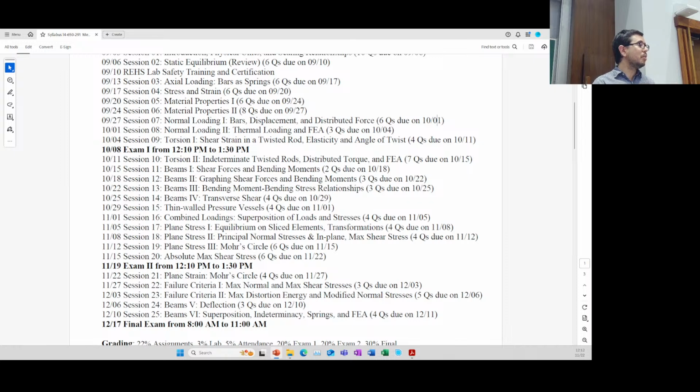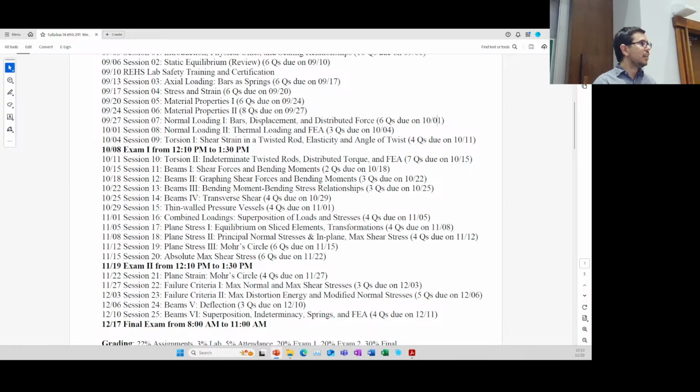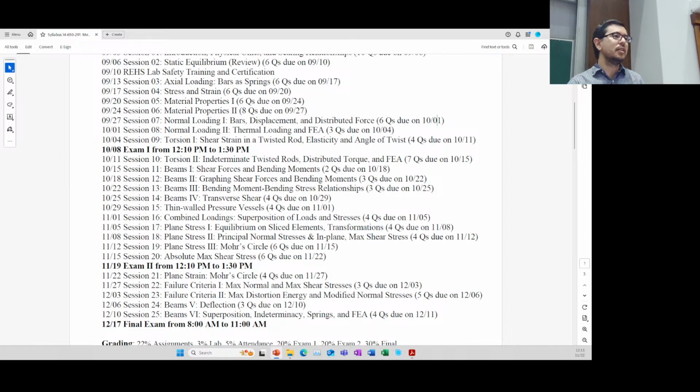We have those integral equations, and we have the PL over EA, and we have the TL over JG, all right? So we know something about the displacement of those structures. We have not talked about displacement or deformation of beams yet. So that's where we're going to go. That will be the final treatment in this class.